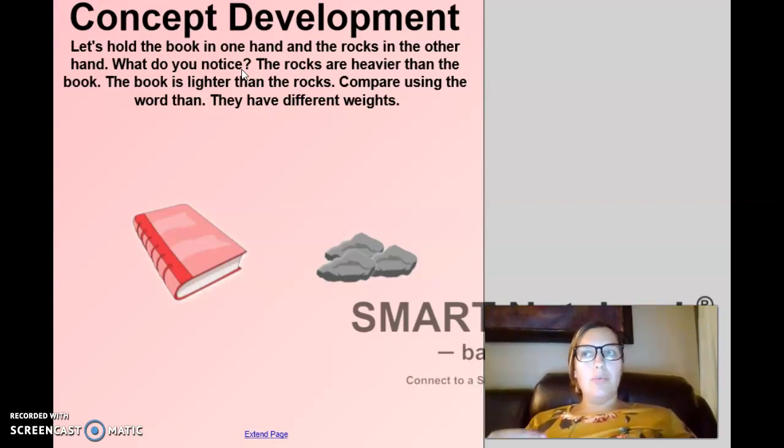So we have been using one really important word when we've been comparing lengths, and we're going to continue to use it when we compare weight, and that is "than." It's a comparison word.